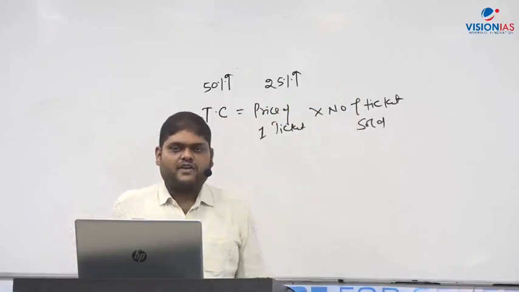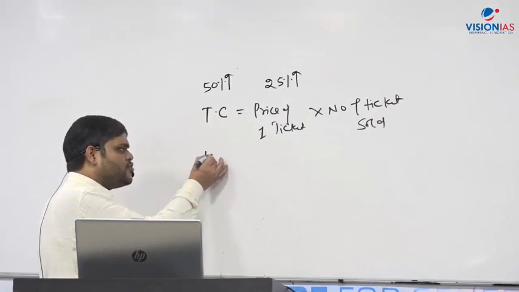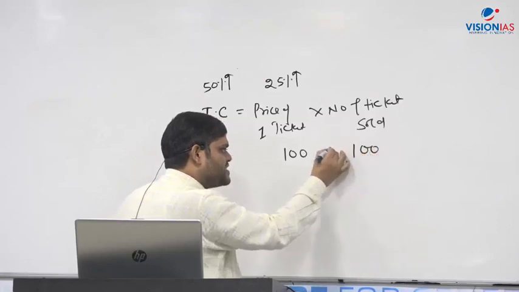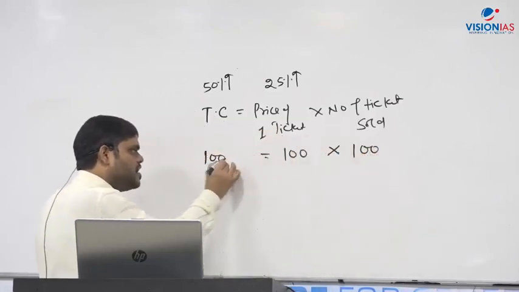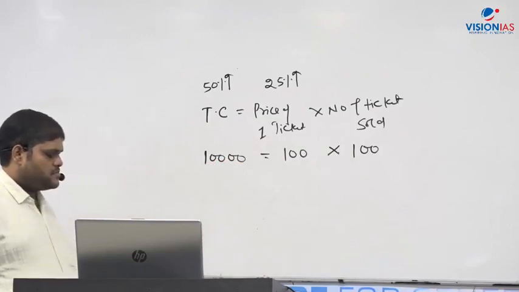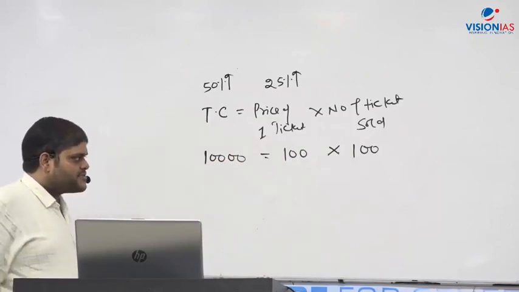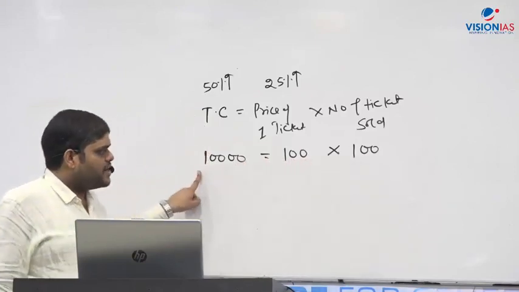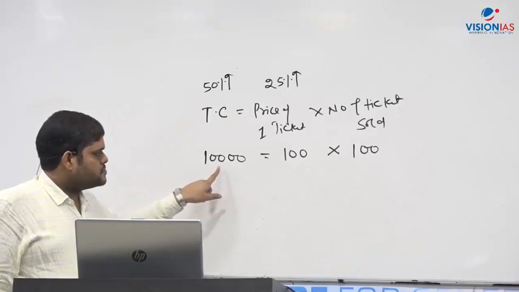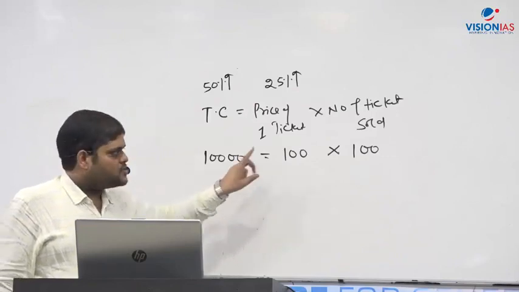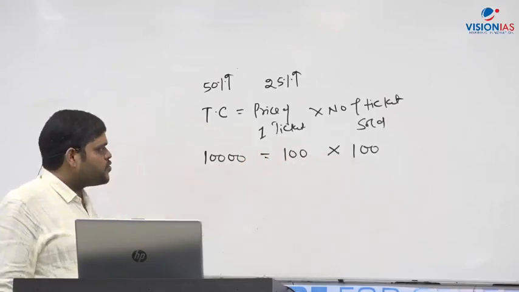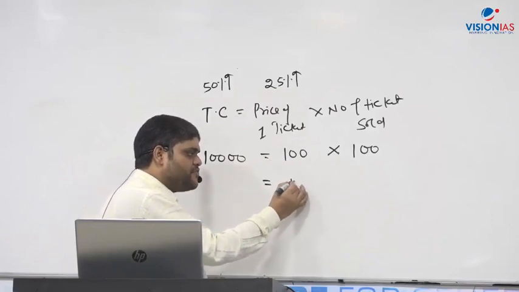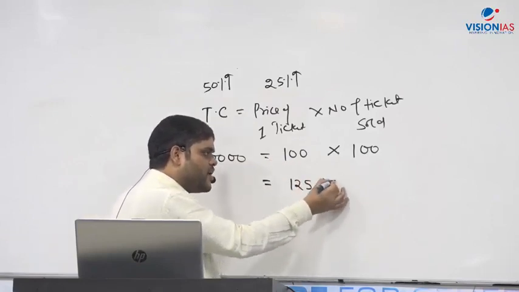If both these values increase, then we can apply successive increment and decrement. In such a case, we will take the initial value as 100, and this value also as 100. So the total collection becomes 10,000. This is increased by 25%, which means this value becomes 125.